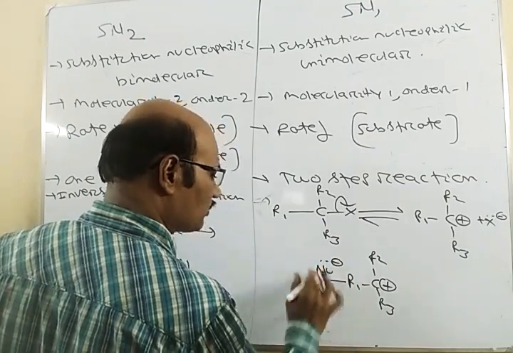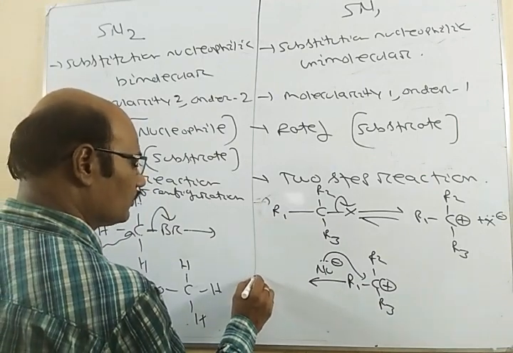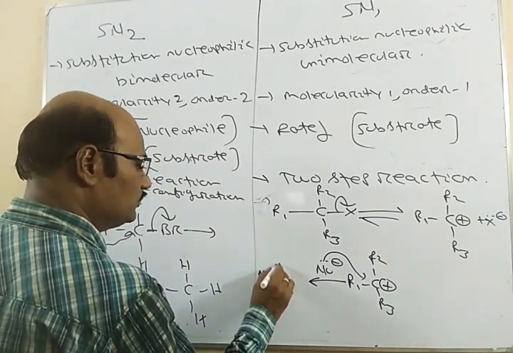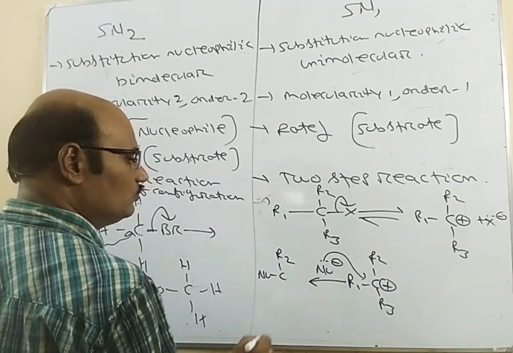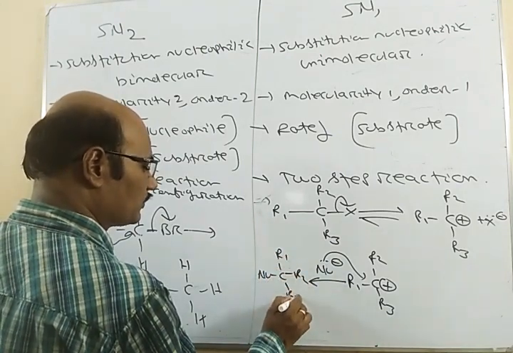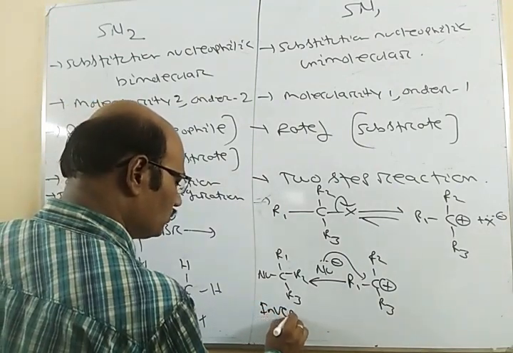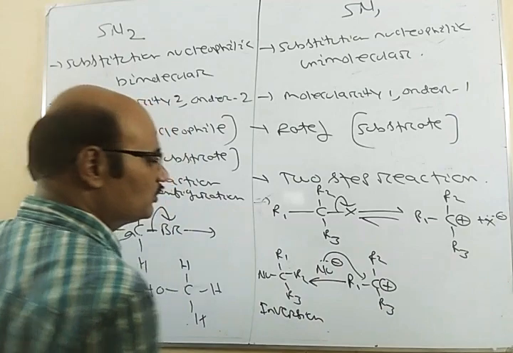On back side attack, you get Nu-C with R1, R2, R3. This is inversion of configuration.